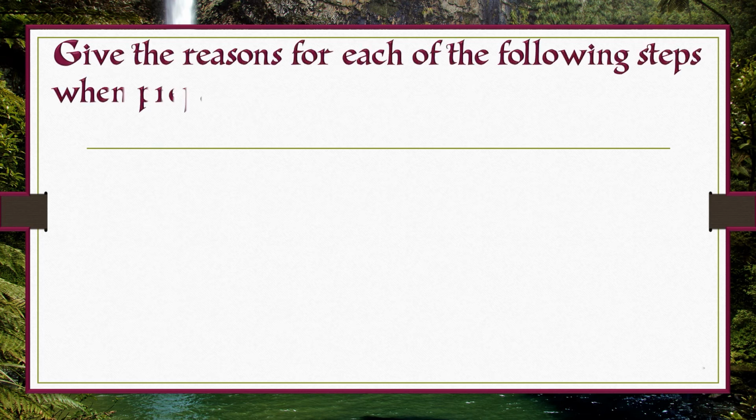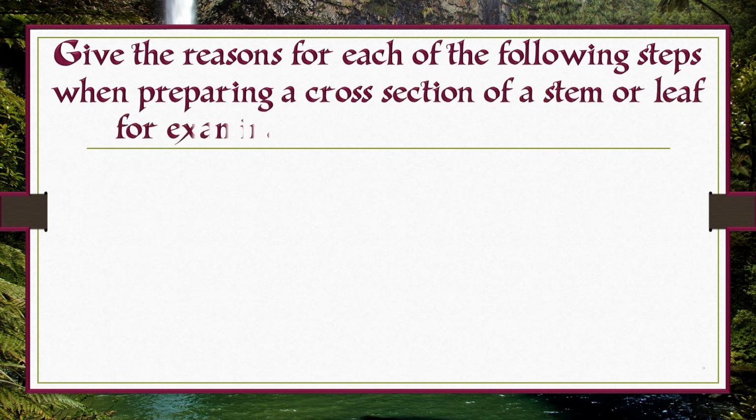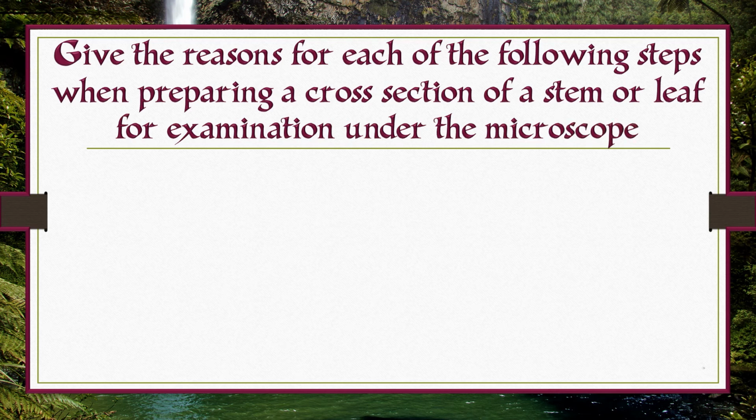Give the reasons for each of the following steps when preparing a cross-section of a stem or leaf for examination under the microscope.